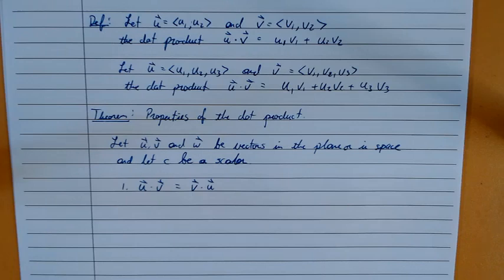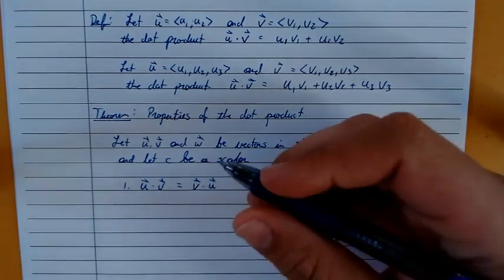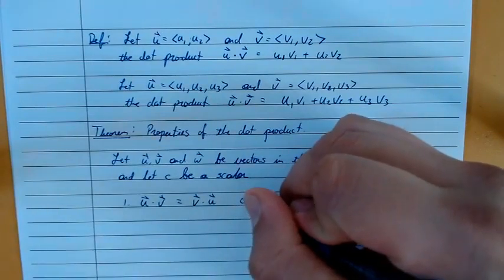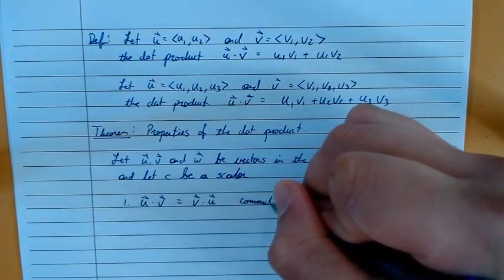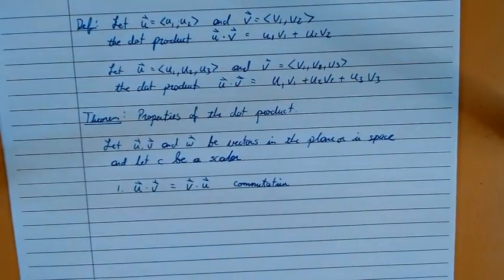The product of the matrix M times the matrix P is not the same as the product of P times M. The order matters. But here, for the dot product, it does not matter. You have commutative multiplication, which is nice. You never have to worry about what order it's in.